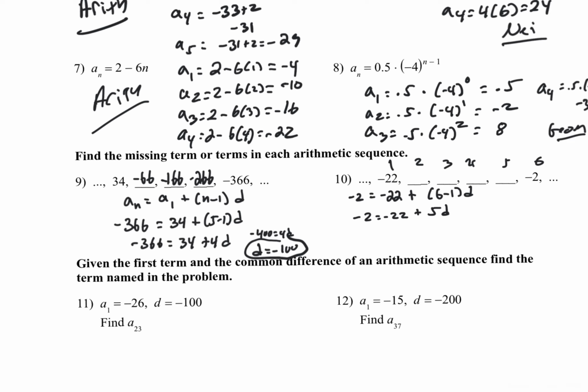Add 20, so you get 20 equals 5d. d equals 4. So add 4, so that would be negative 18, negative 14, negative 12, negative 10, negative 6. Awesome.